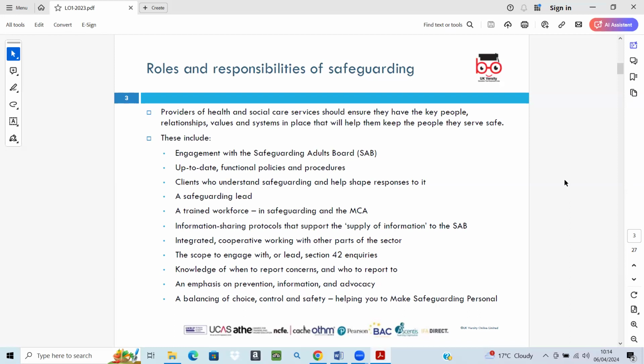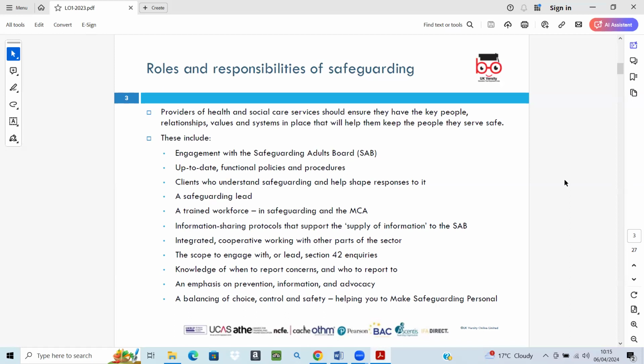And now the second point is up-to-date functional policies and procedures. An organization must have current policies and procedures that outline how to respond to safeguarding concerns. These should be regularly reviewed and updated. And what might happen if a care provider's safeguarding policies are outdated?